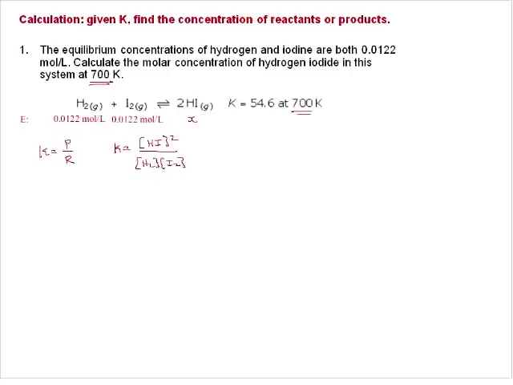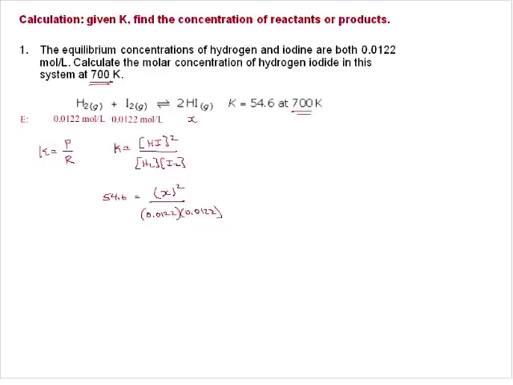Let's put our values in. Okay, now in this particular case, we know what K is. It's 54.6. So we put that in. We don't know what hydrogen iodide is. It's X. It's unknown. So we would say X squared. And we know what these two values are. They're given right here. Okay, so we would proceed to do our calculations.